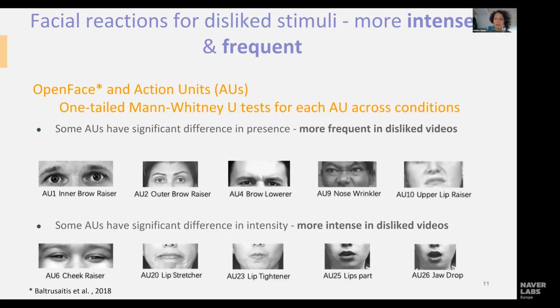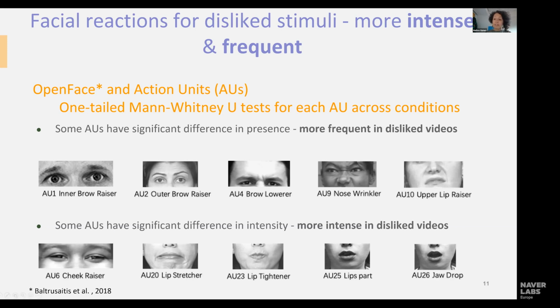And then to conduct facial reaction analysis, we focused on facial action units. We used an available toolbox called OpenFace to automatically detect AU intensity and presence. An action unit means specific muscle movements on the face, like you see here, AU1 being inner brow raiser, AU9 nose wrinkler, and so on.